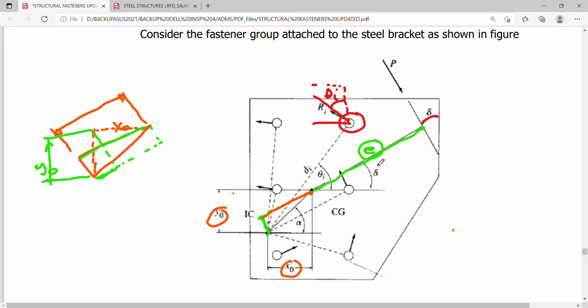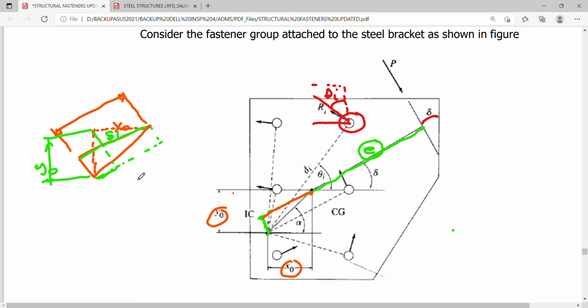in this figure. Okay, so let's look at the angle. If this is your angle delta, then this angle here must also be a delta angle.